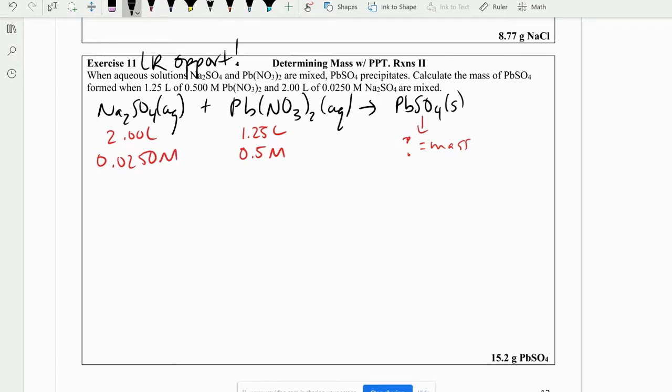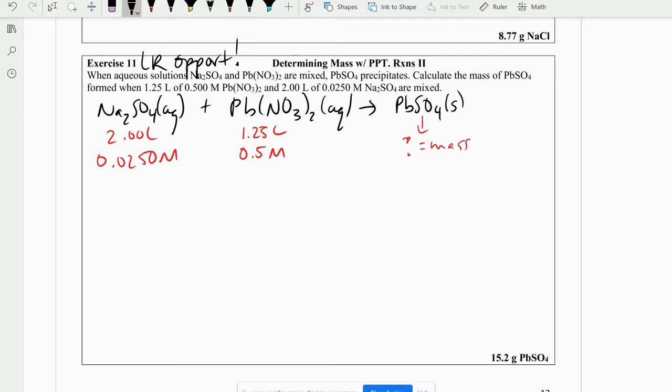Okay, so don't try to visualize this problem. And if you need to, write things out. As you can see, what I've done here is I wrote out the equation and I put the information associated with each species below it so you can visualize what's going on here.